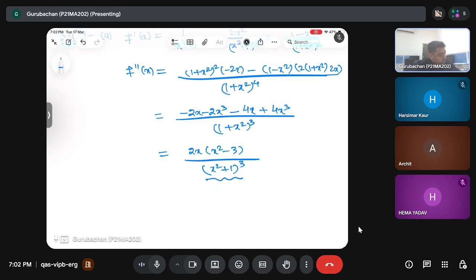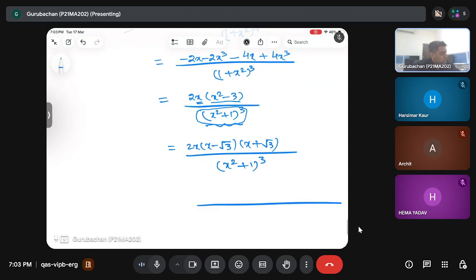So it will not affect the sign of this f double derivative in any manner. Now what effect can this x and this x square minus 3 factor have? If you factorize this a little, you will get 2x into x minus under root 3 into x plus under root 3 divided by x square plus 1 whole cube.